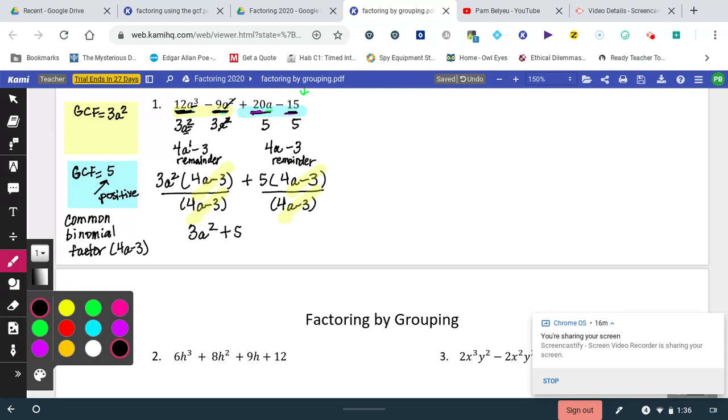That's my remainder. So in factored form, I write my common binomial factor first: 4a minus 3 times the remainder, 3a squared plus 5. This is factored form.